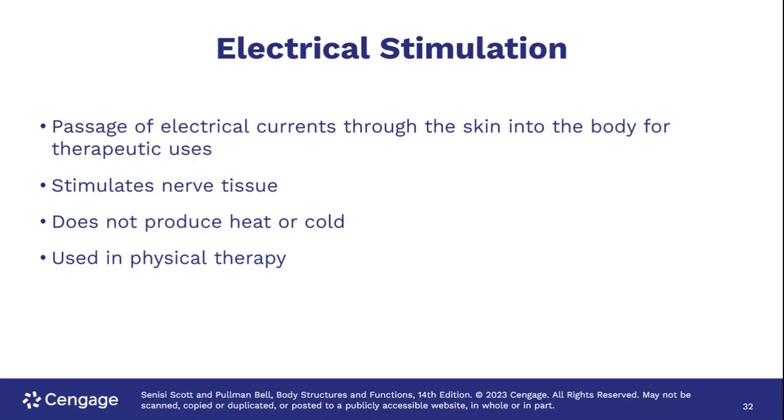Electrical stimulation: passage of electrical currents through the skin into the body for therapeutic uses. It's used in PT quite a bit, actually, and it helps increase your range of motion and your muscle strength. It re-educates your muscles, improves muscle tone, enhances function, controls pain, accelerates wound healing because, again, it increases circulation, and it reduces muscle spasms.